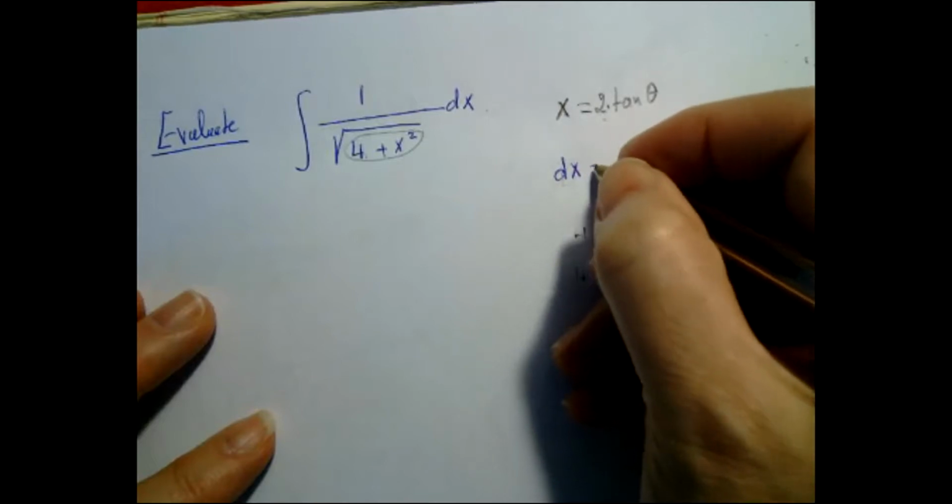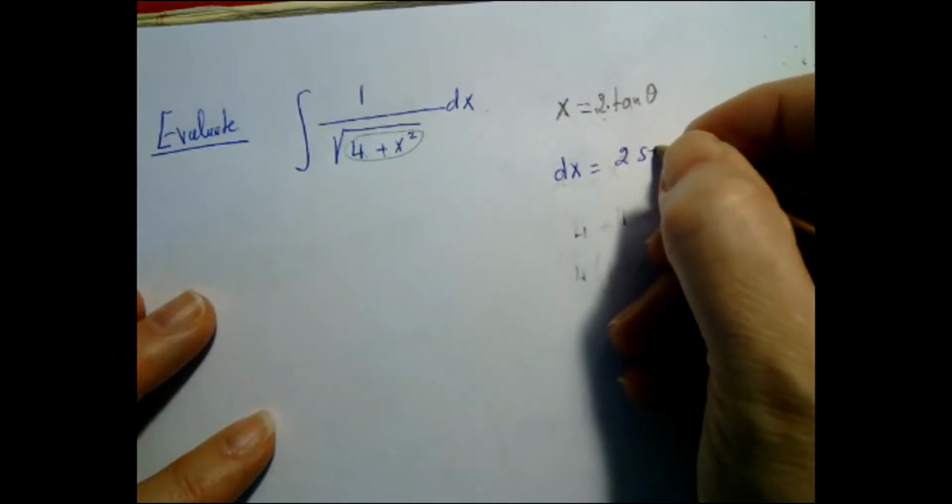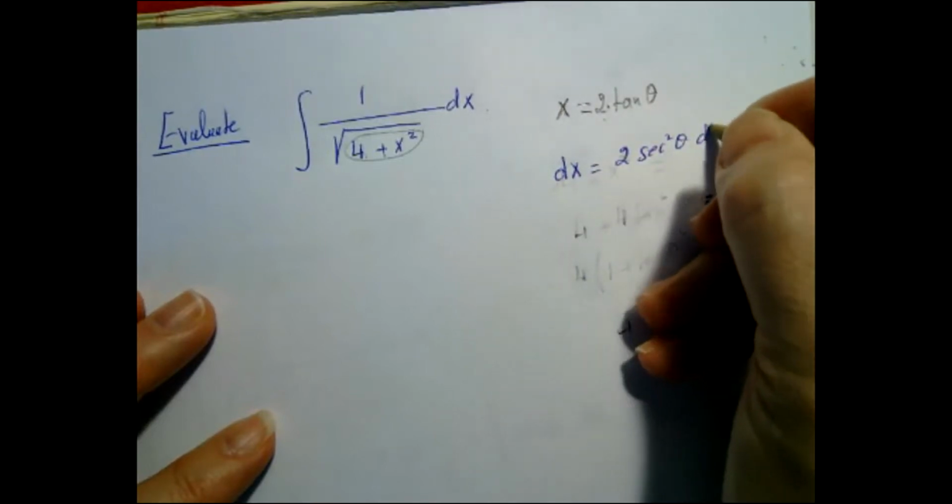So x is this, so dx is going to be 2 secant squared theta d theta.